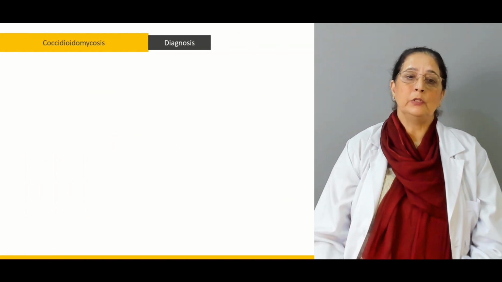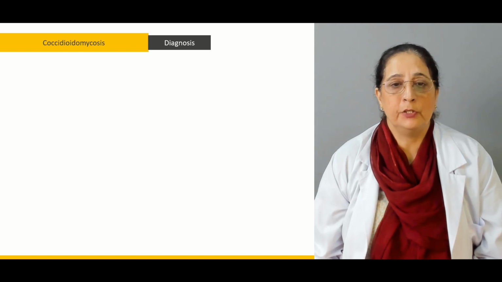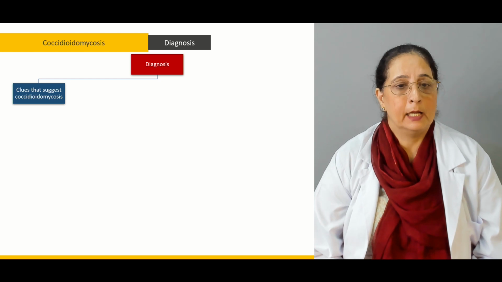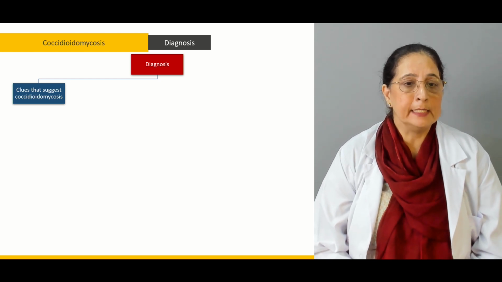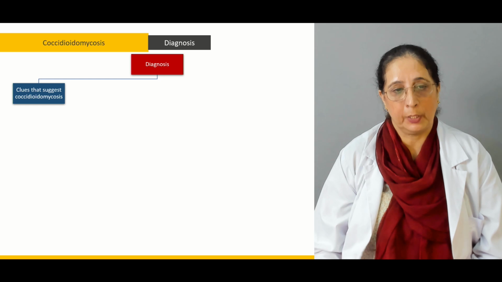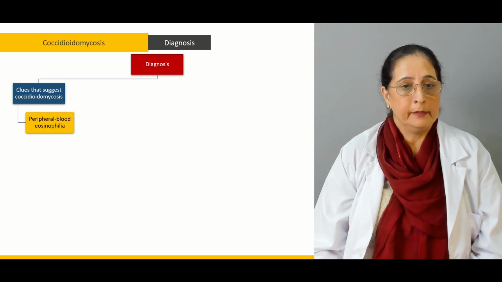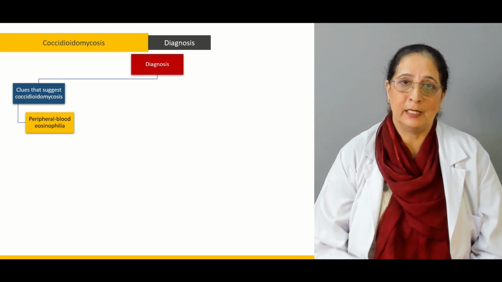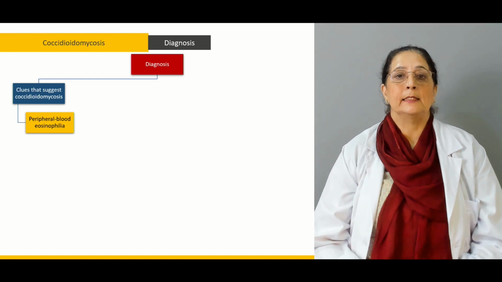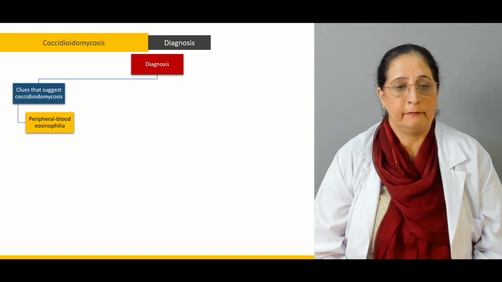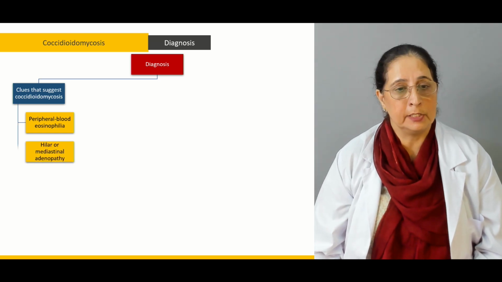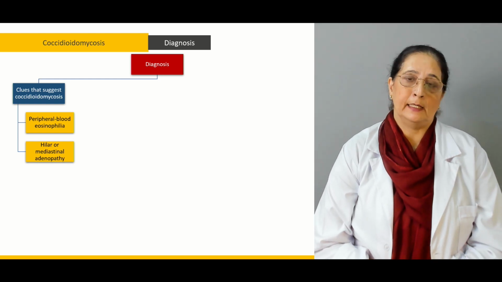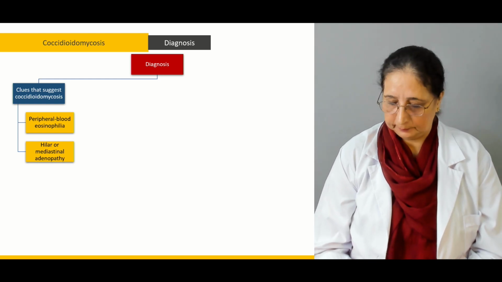Now the diagnosis of coccidioidomycosis, what are the different tests? Clues that suggest coccidioidomycosis infection: there is peripheral blood eosinophilia, a very important clue that can tell us there might be the infection. Hilar or mediastinal adenopathy.